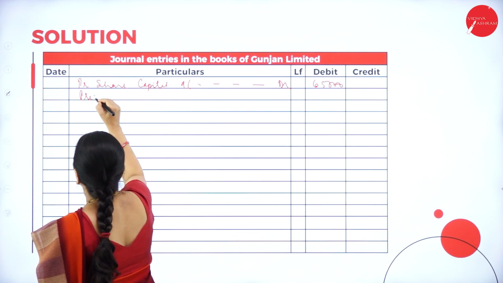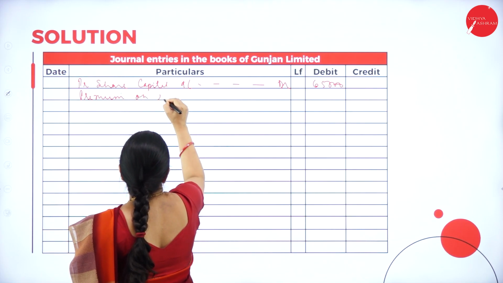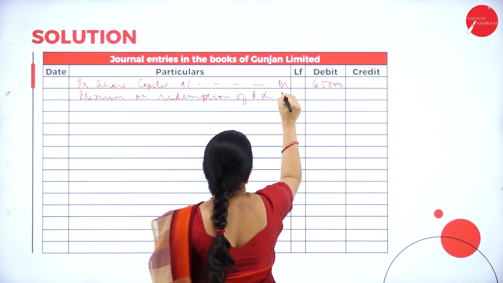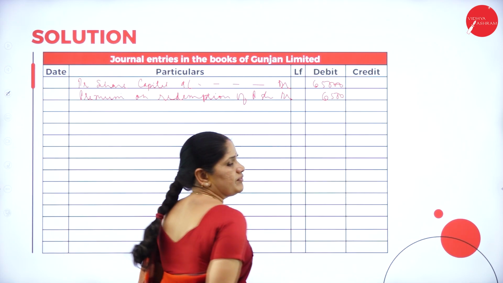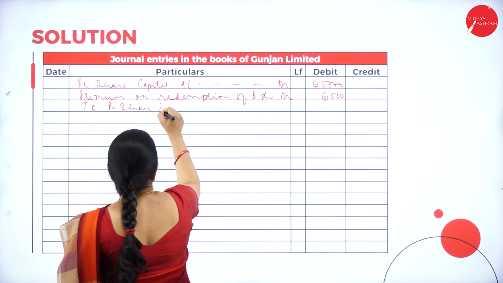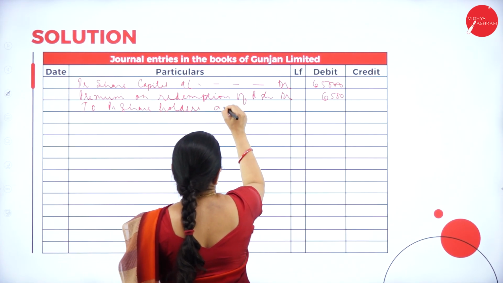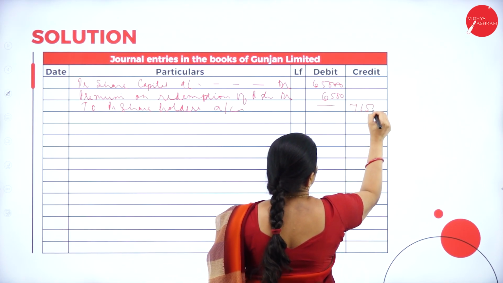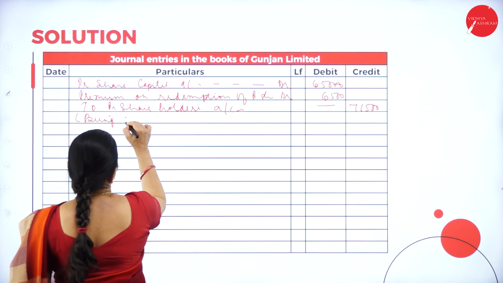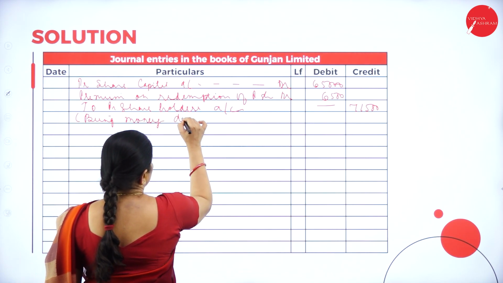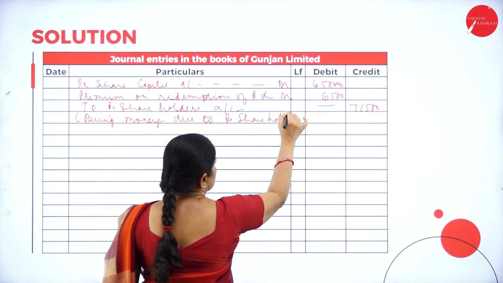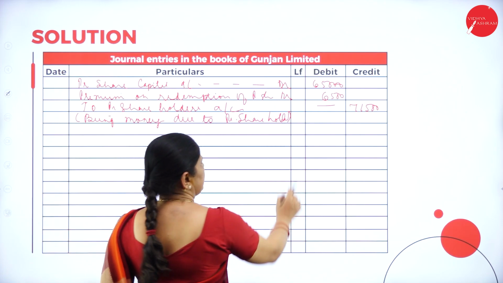Then premium on redemption of preference shares debtor 6,500 to preference shareholders account, 71,500, being money due to preference shareholders. So this is the money due to preference shareholders.